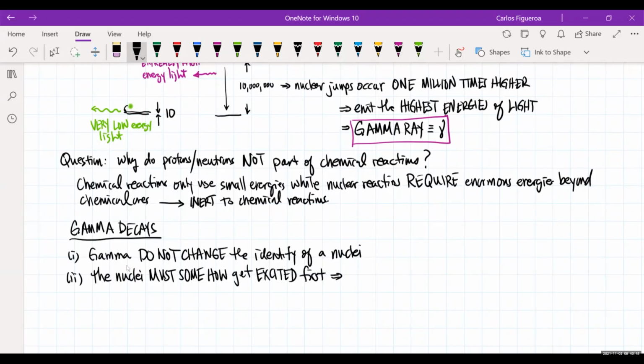So what this means is that other decays, like alpha and both beta decays, excite a nuclei, an unstable nuclei.